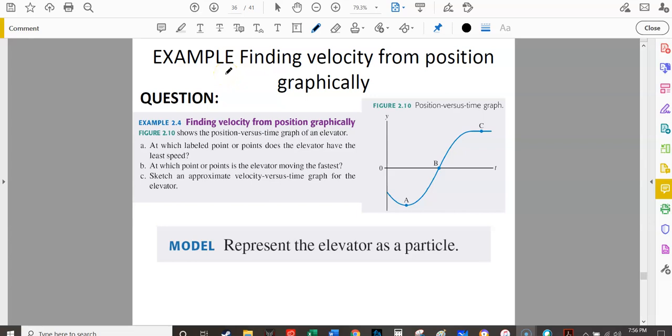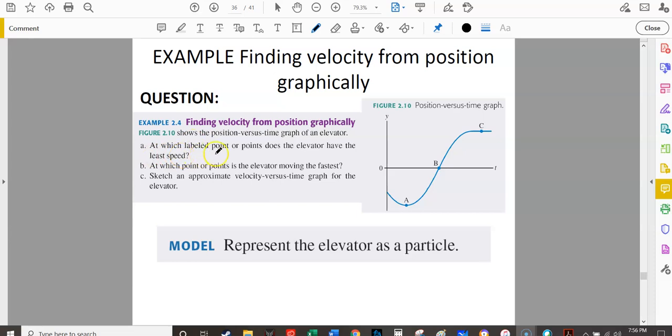Well, let's go ahead and see if we can actually work with those. We have a problem where we're supposed to categorize these. This is a y position versus t graph, so a position versus time graph in the y direction. And we're supposed to answer these questions.